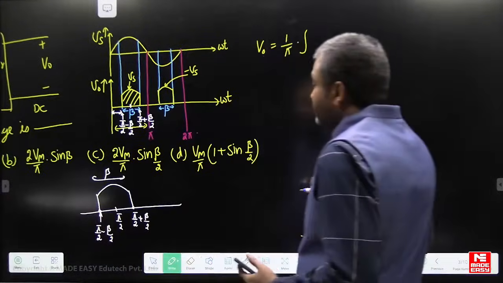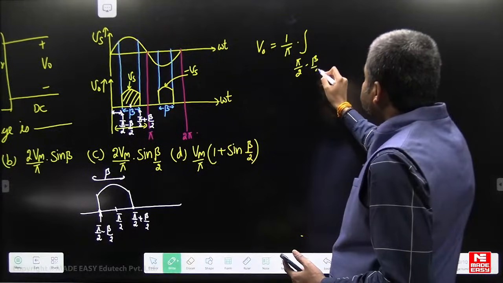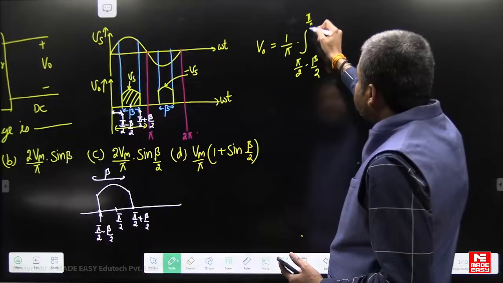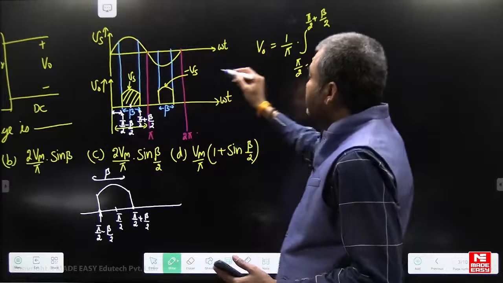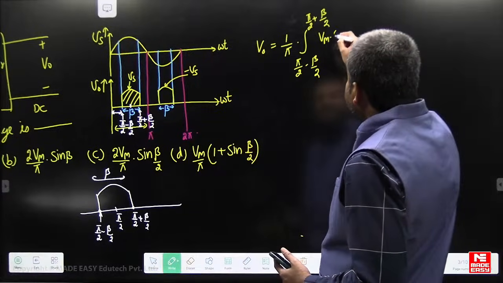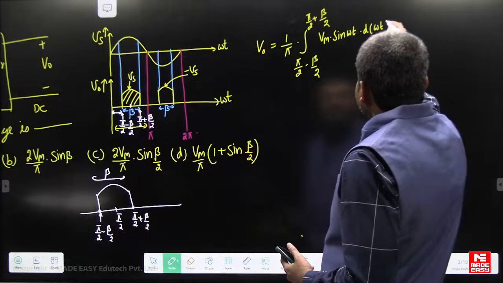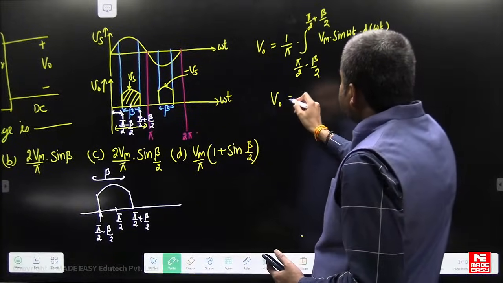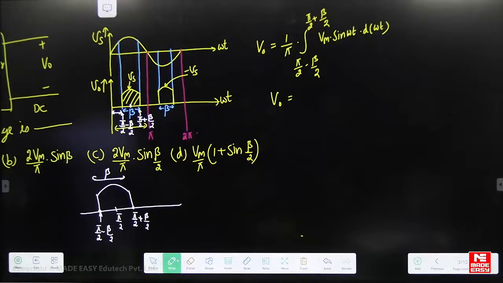So 1 by time period, lower limit pi by 2 minus beta by 2 up to pi by 2 plus beta by 2, and the equation is given by peak voltage Vm sin(omega t) d omega t. Simplify this, all of you, and tell me the answer.